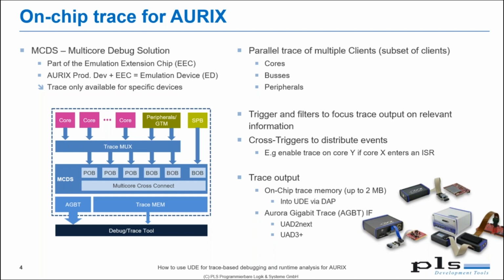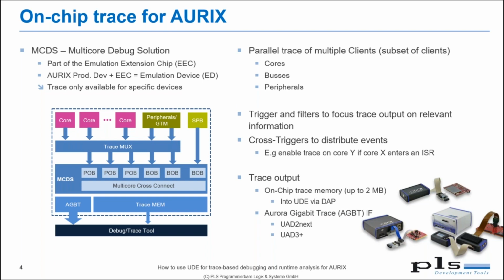The MCDS contains trace observers called the POBs or BOBs, and the multiplexer for selecting the trace sources. Trace sources can be cores, buses, or peripherals. The observers monitor the program execution or the data transfers of the selected trace sources and generate the trace messages.